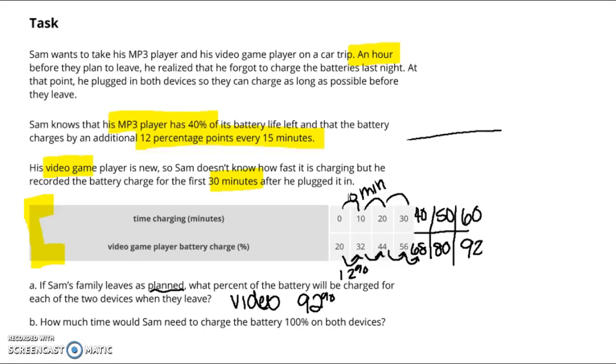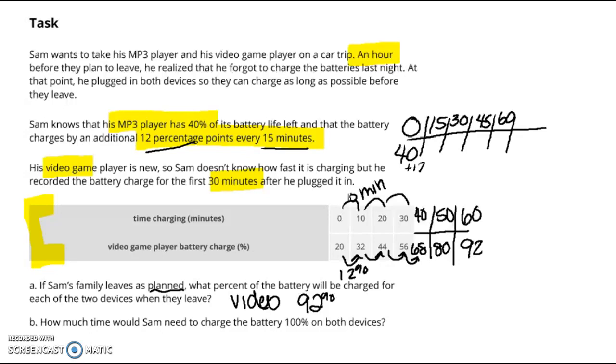For the MP3 player, we can also make a table. The word problem tells us that before he started charging, he was at 40% battery life. And every 15 minutes, it's increasing by 12 percentage points.